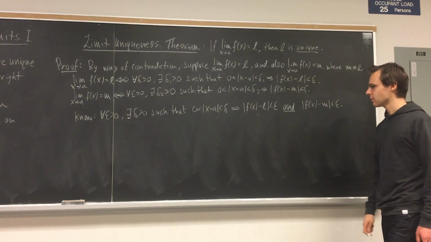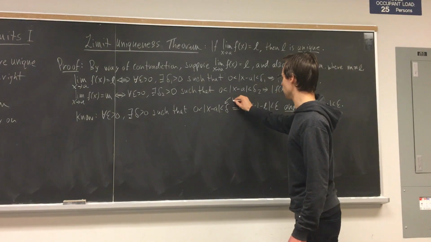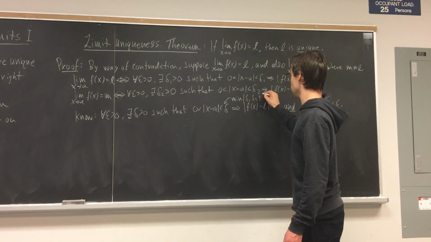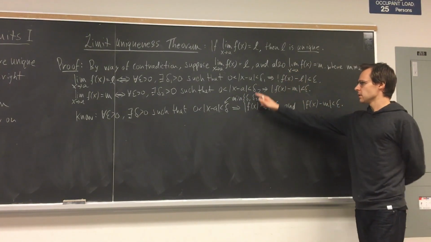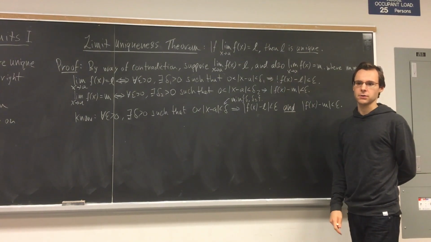Okay? And by the way, this single delta is the smaller of these two deltas over here. It's the minimum of delta 1 and delta 2. Okay? If you remember, if a particular delta holds in this implication, any smaller delta will also hold.